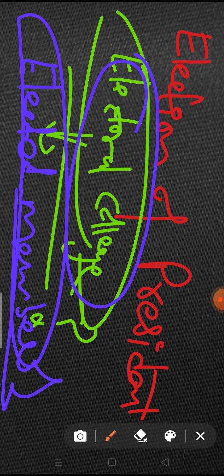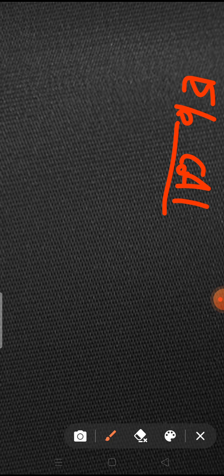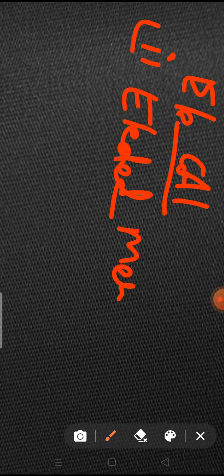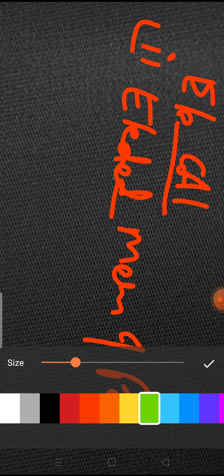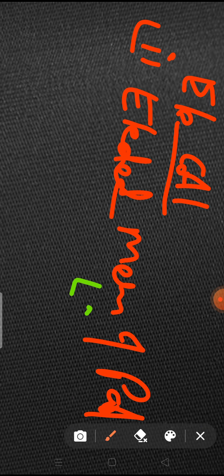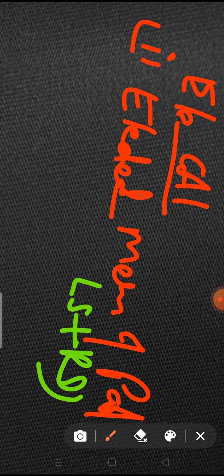Let me just change the slide once more. Okay, that's fine. Now the first thing is that electoral college consists of elected members of parliament, which means from both Lok Sabha plus Rajya Sabha.